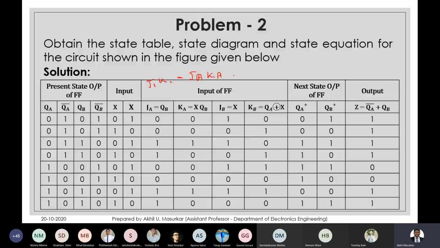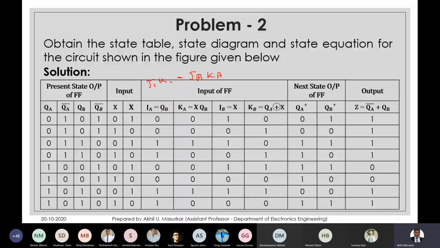That is because I am using QA and QB here. Conventionally, in all the books, they use KA and KB and JA and JB. So anyway, these are my outputs. So I will just write JA, JB and KB.